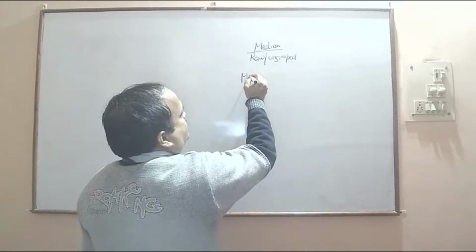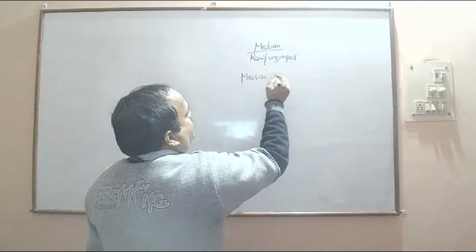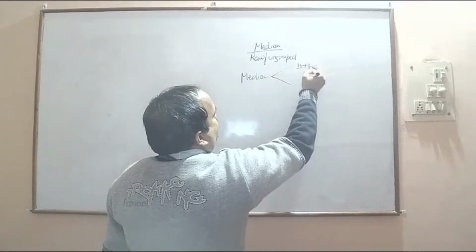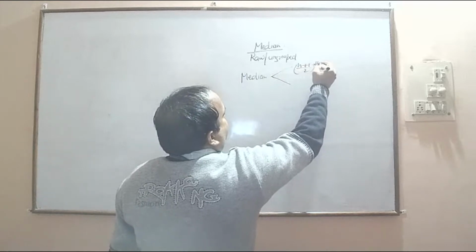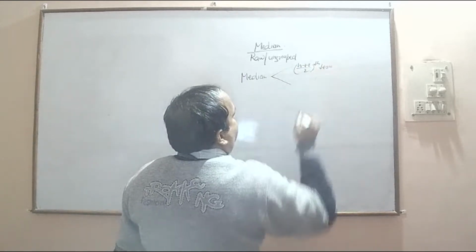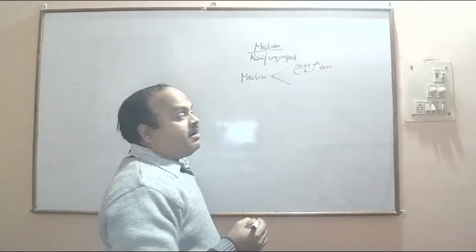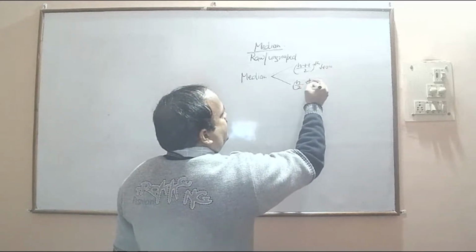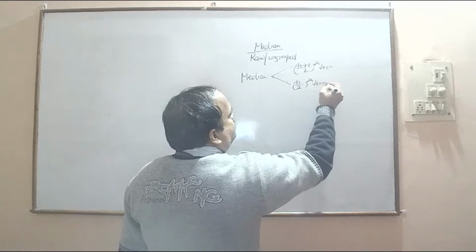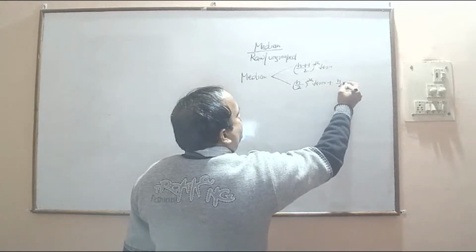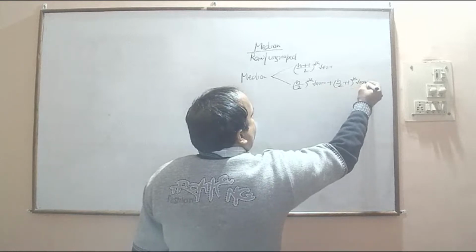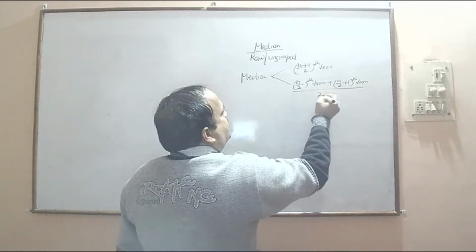It is the (n plus 1) by 2th term, or the average of the n by 2th term and the (n by 2 plus 1)th term.